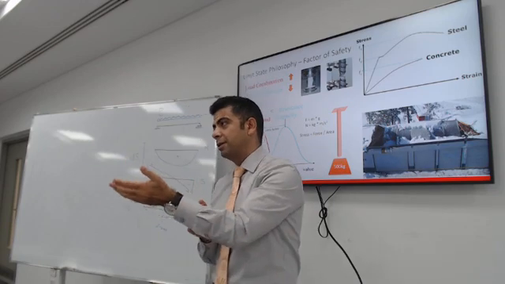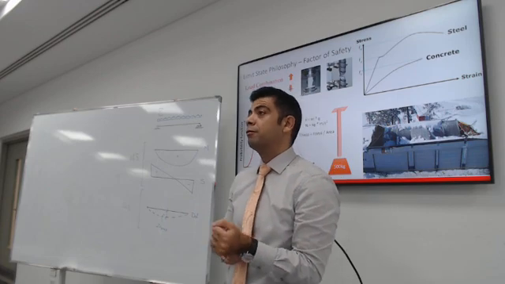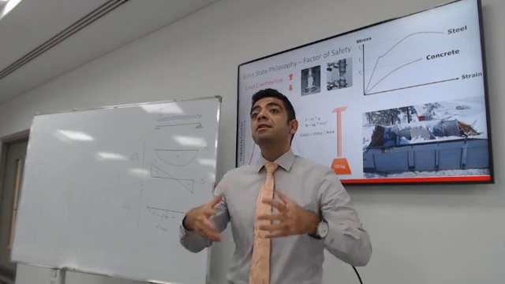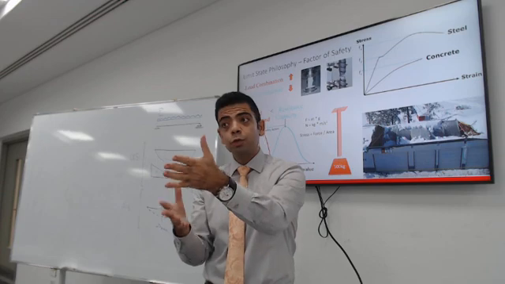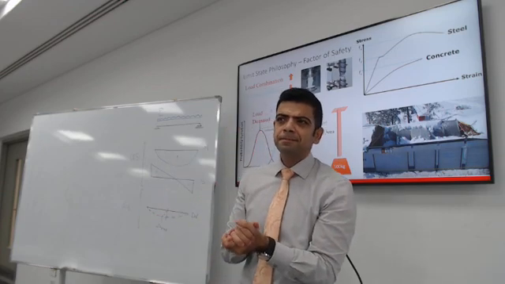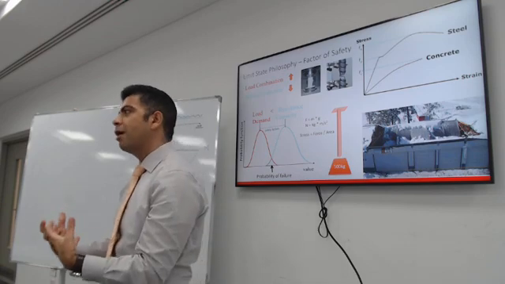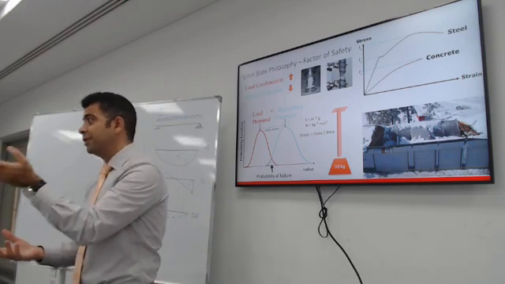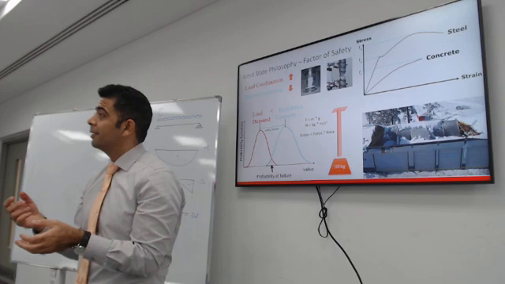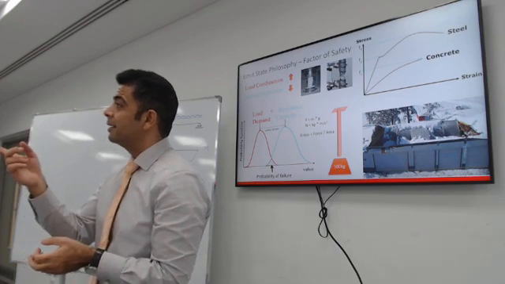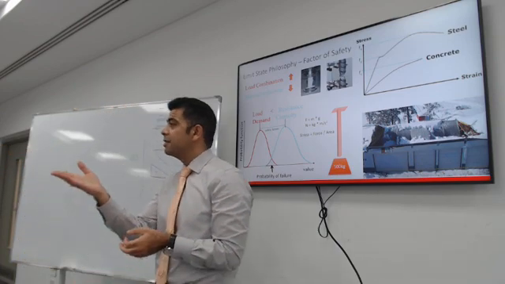So let me ask you this. Let's say you're designing a structure from concrete. What is the strength of concrete that you would use to build a structure? Let's say it's a residential building.